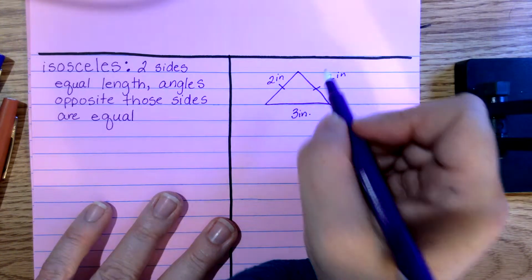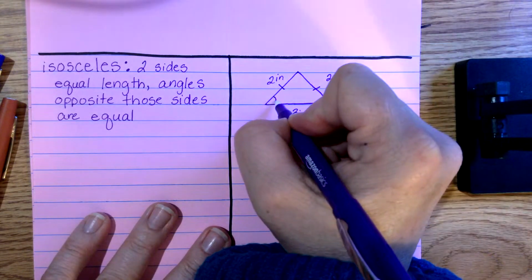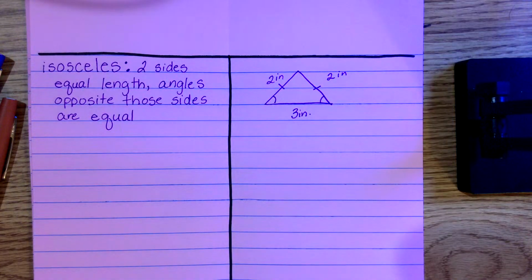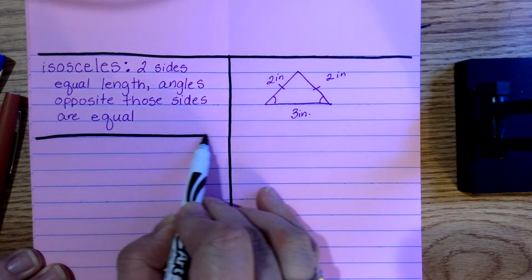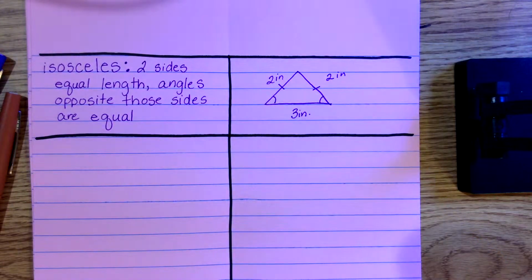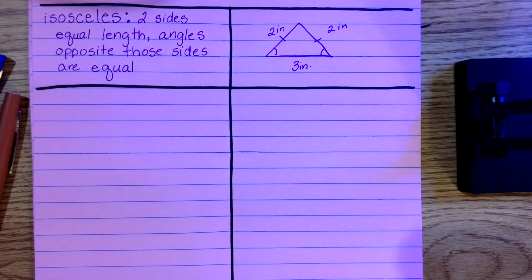So we have two sides that are the same, and these opposite angles would be the same as well. So two sides that are the same and equal opposite angles. That is an isosceles. Dare you to draw it better, I'm just saying.